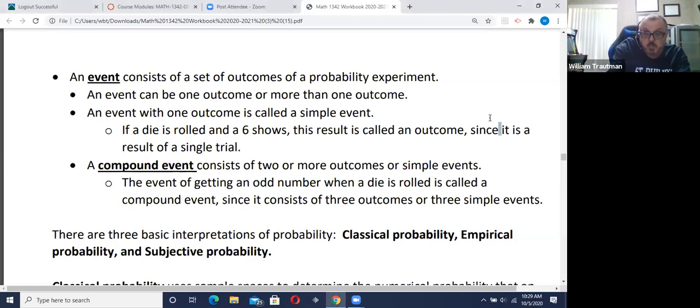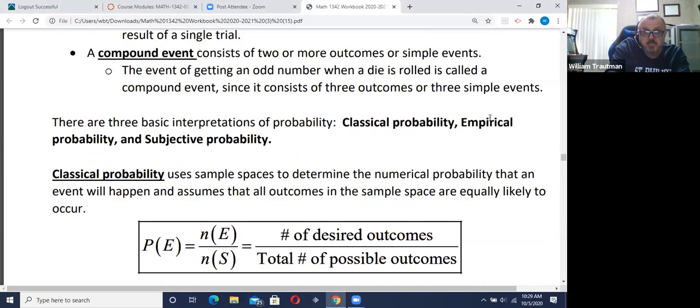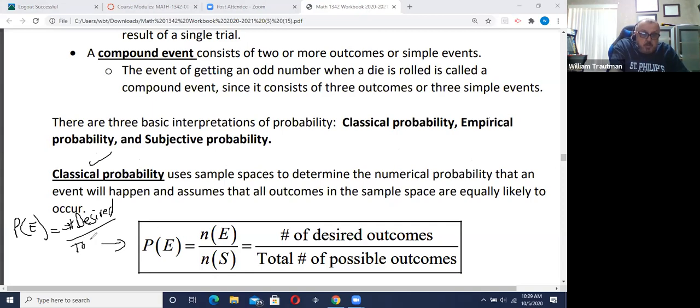We saw the quiz that we took, and I'm not a big definition person, but they're on the quiz. Classical probability uses sample space to determine the numerical probability the event will happen. So we want this formula: the probability of an event happening equals the number of desired outcomes divided by the total number of possible outcomes.